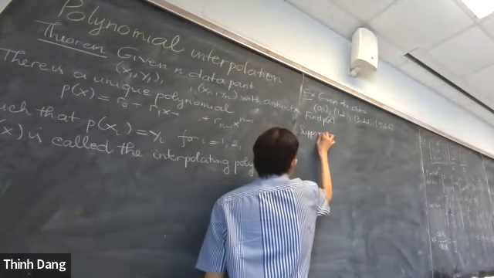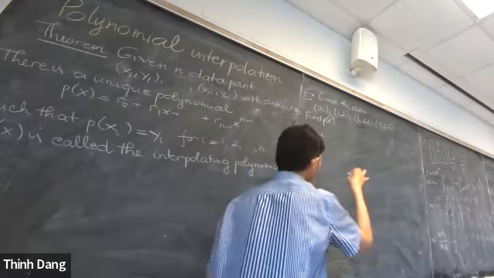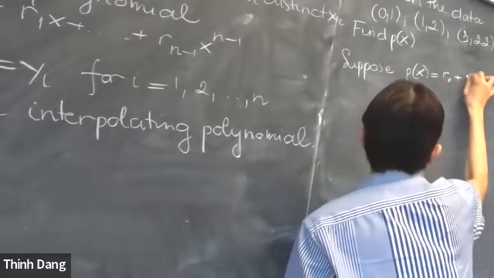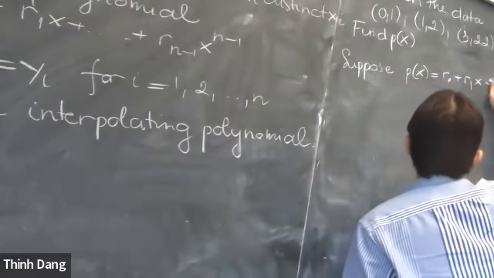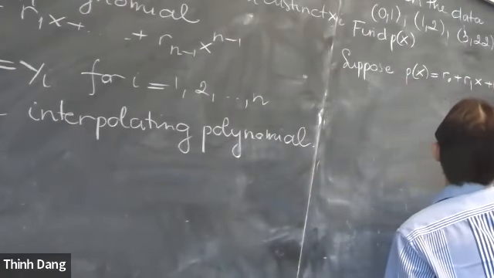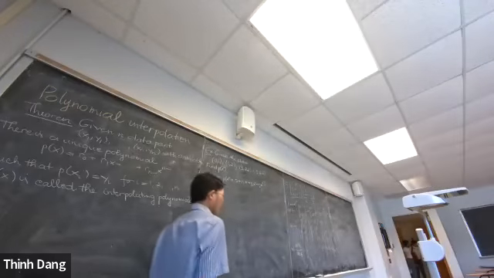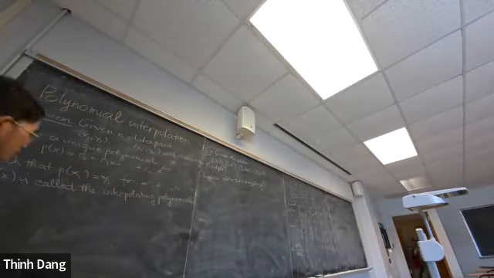Let's try to write out the form of P(x). Suppose P(x) is in the form of r0 plus r1 x plus r2 x squared plus r3 x cubed.